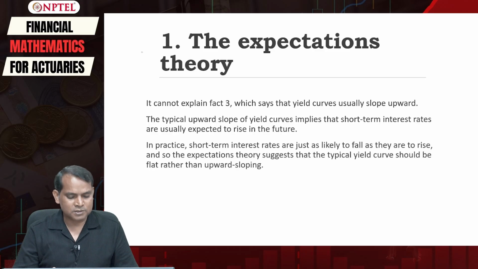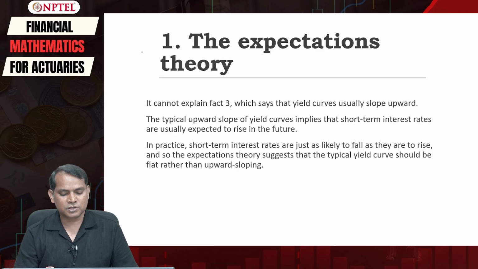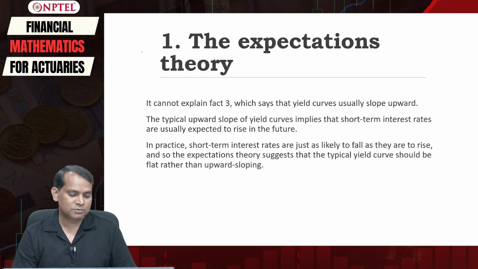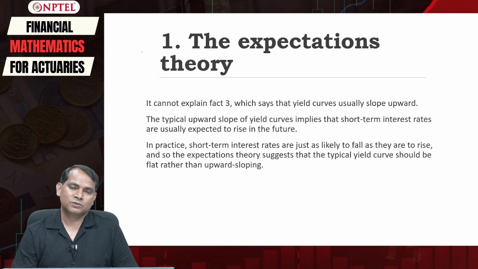In practice, short term interest rates are just as likely to fall as they are to rise. And so, the expectation theory suggests that the typical yield curve should be flat rather than upward sloping. So, it is not able to explain why the yield curve should slope upward.